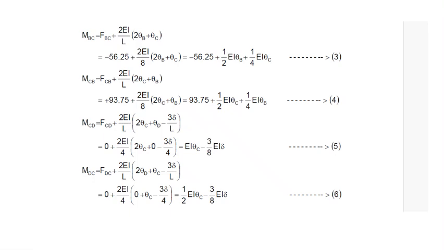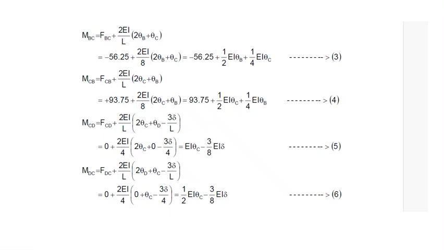So as usual, MBC equation is written and it is simplified: minus 56.25 plus half EI theta B and 1 by 4 EI theta C. Similarly, we can write MCB, and this equation is 93.75 plus half EI theta C plus 1 by 4 EI theta B. MCD is 0, 2 EI by L, and remaining equation 2 theta C plus theta D is 0 and minus 3 del by L. So simplify this, you can get equation 5. And equation 6, half EI theta C minus 3 by 8 EI delta.